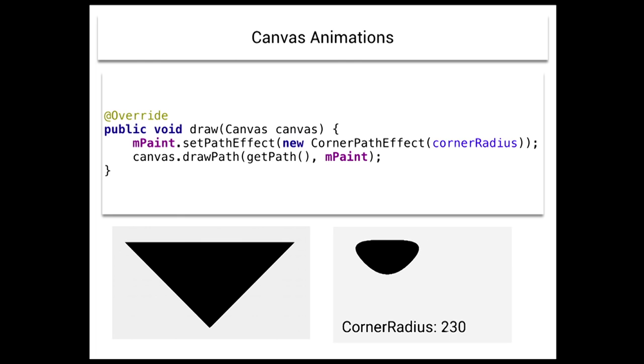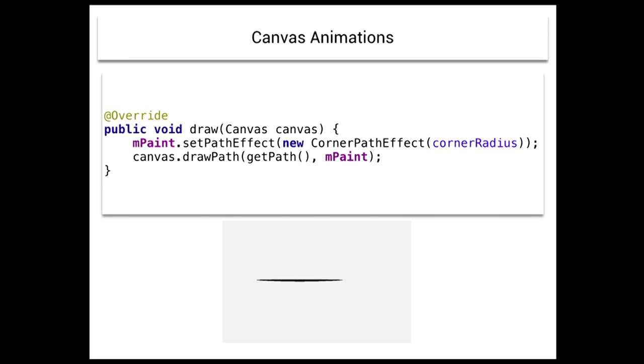So at some point in time, the corner radius just goes way overboard and it doesn't do anything anymore. But at that point, we can actually start to use it, and it kind of starts looking a little bit gooey, right? So we can kind of use these canvas animations to animate our views, and applying corner radius, we can get a pretty reasonable simulation of what a goo should look like.